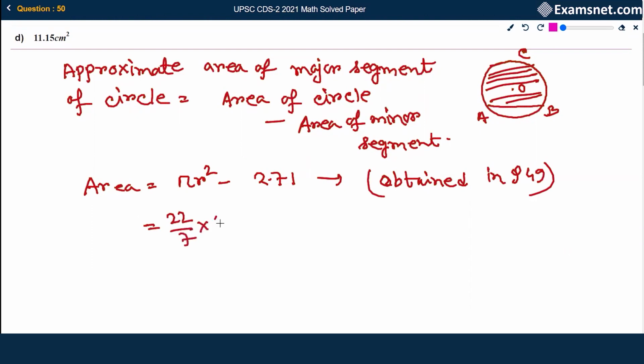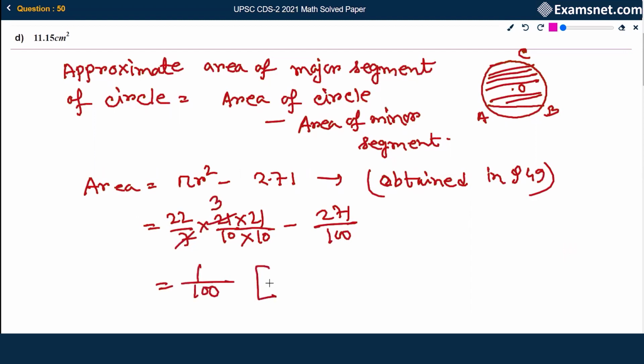22 by 7, 21 by 10 squared, minus 271 by 100. So yes, we can take 100 common, and next we multiply 22 by 3 by 21.